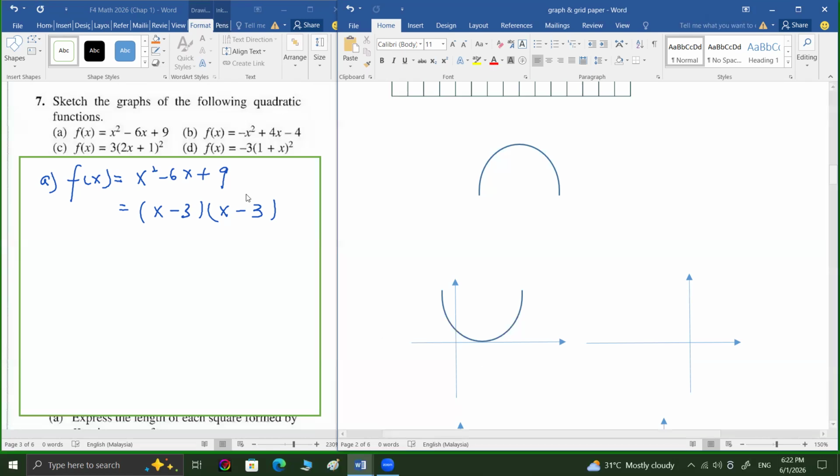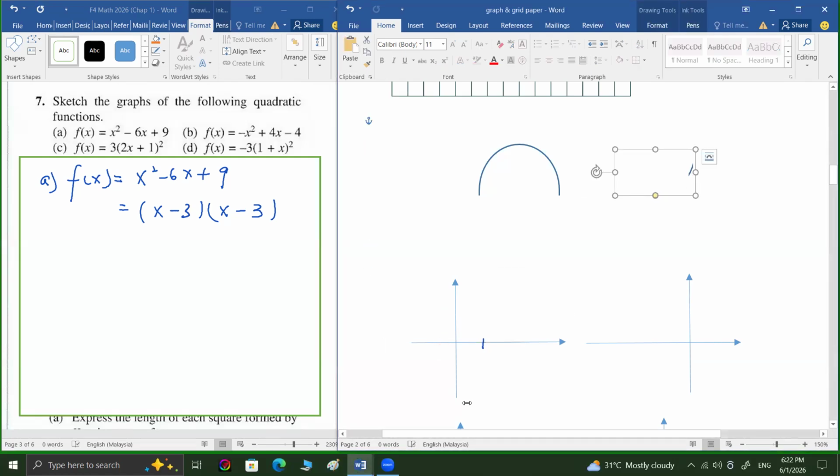So to sketch the graph, you know it's smile, and then cut the x-axis at 3 and the y-intercept at 9. Clear not? Agak-agak saja lah. Is that clear? So up to you. Let's say, for example, you want to do like this, pun boleh lah. Okay, you want to do a bit narrower?